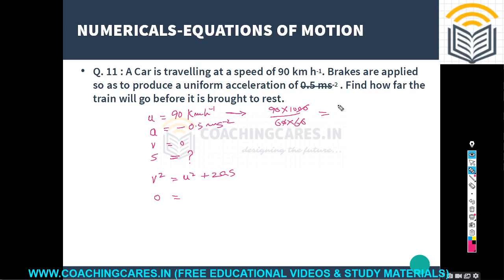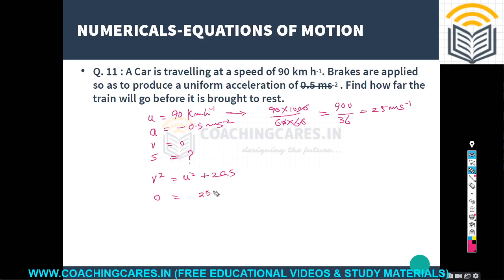So you'll get 900 by 36, so that will be equal to 25 meter per second.